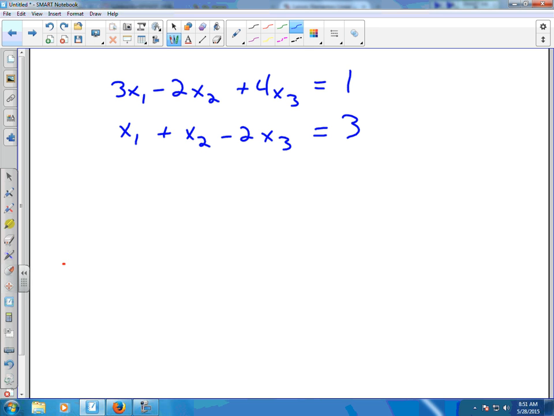And then 2x1 minus 3x2 plus 6x3 equals 8. One of the hardest things for me to do on these is to copy the problem down.